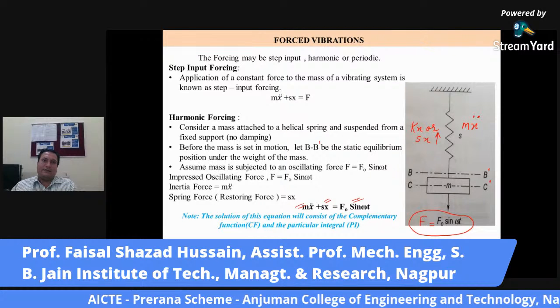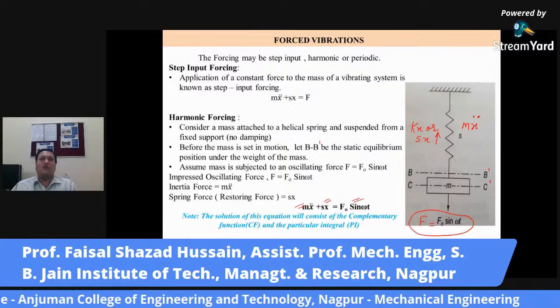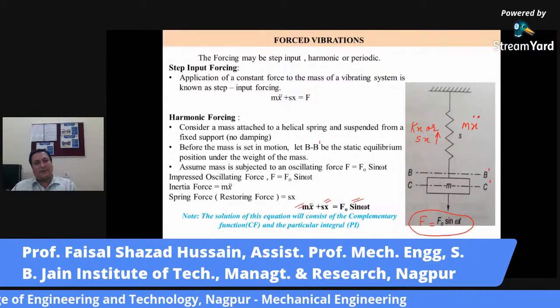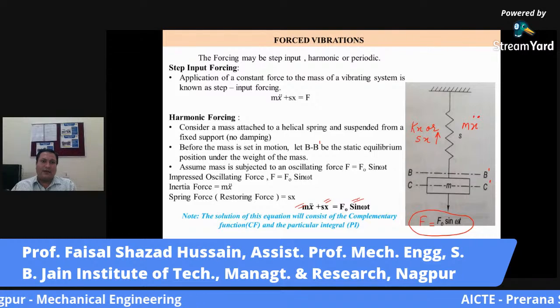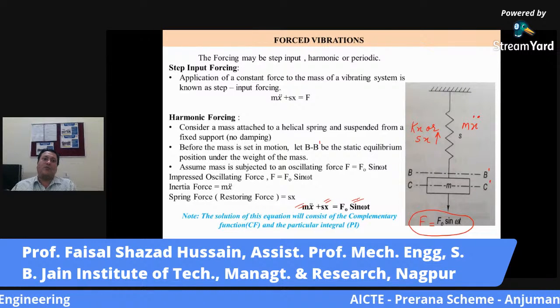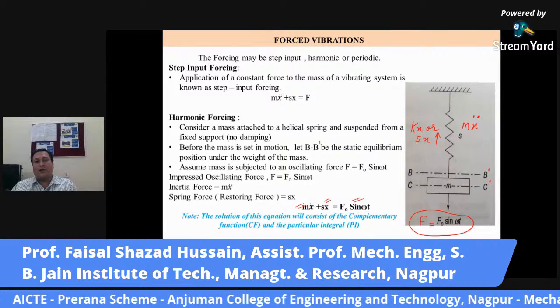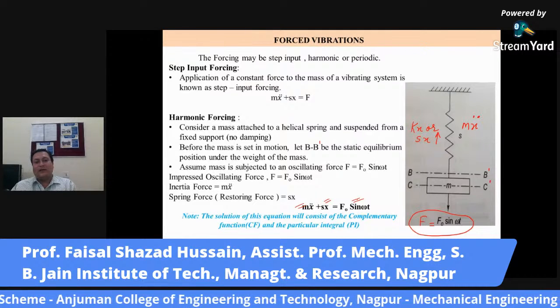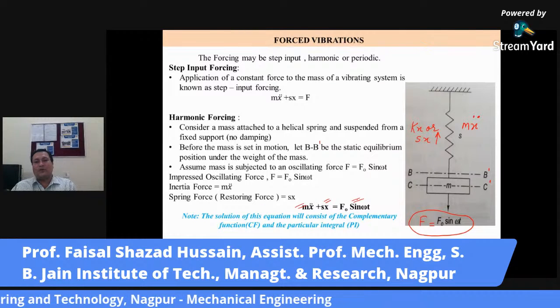So these are the three types of forcings incorporated in forced vibration. Step input forcing, where a constant force is applied. Harmonic forcing, where a simple harmonic, oscillating force is applied. And third is your periodic forcing, which is applied continuously through a certain duration of time.